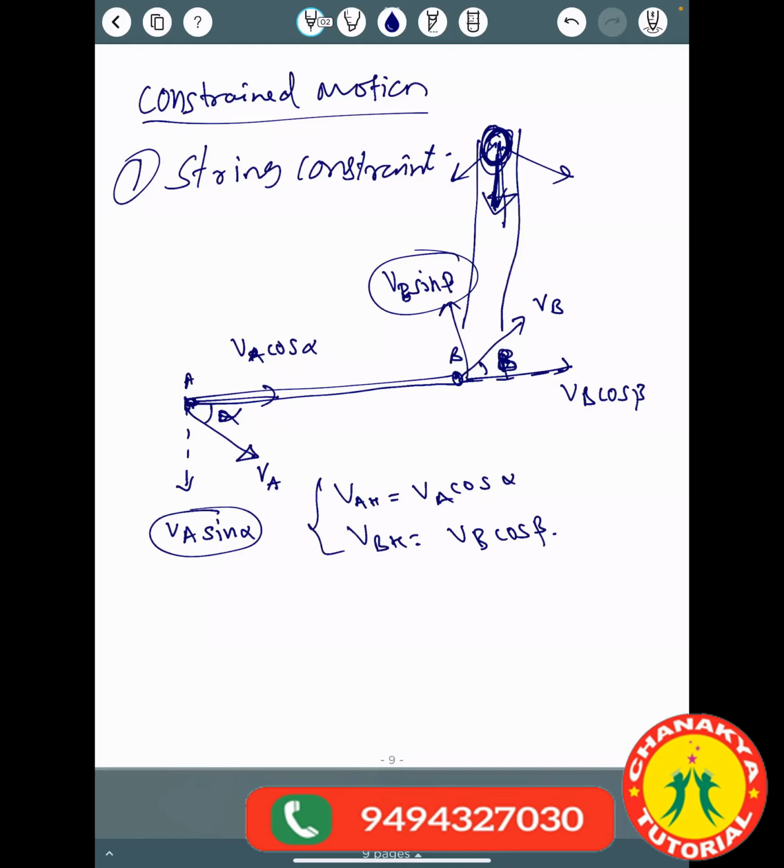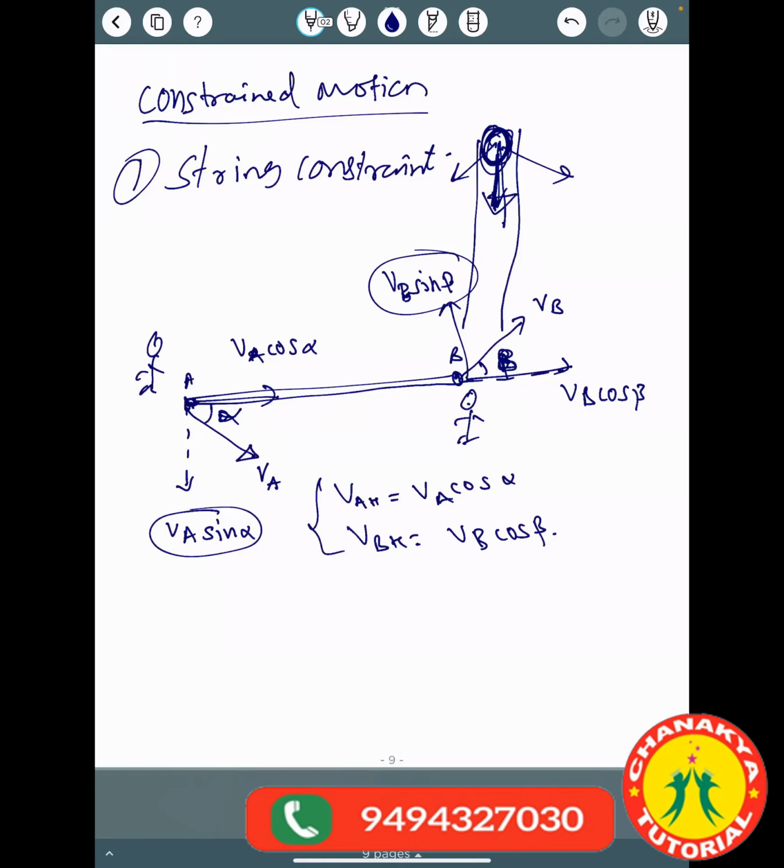Let's say Shreyuta is holding this end, Samhita is holding this end, and they are running and the string is stretched. Now, if the string should not break, then what should be the velocity of Shreyuta and Samhita?